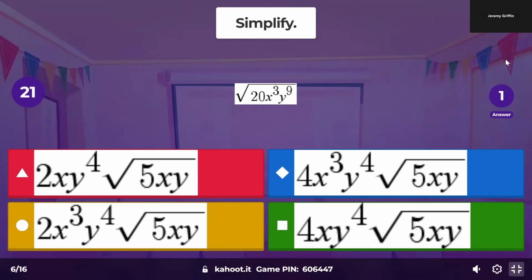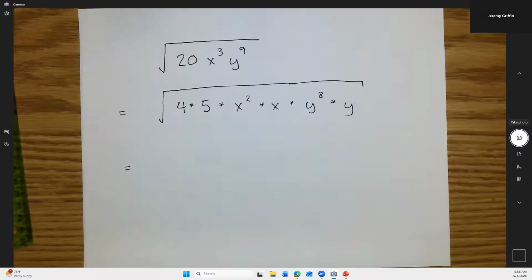Wrong this, bro. Wait, I'm doing my math, calculating here. I think it's blue or green. Oh, then it's blue. Yo, it's not letting me click it. Oh, it's red. I told you it was wrong.